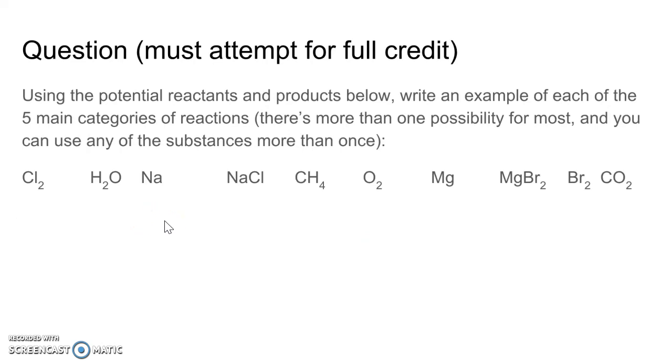Don't go back through and pick something that I showed as an example. We want you to try and do it using these. So you can go through and come up with at least one equation for each of these. You don't have to come up with more than one, but there's more than one possibility with the things that I provided here. And you can use any of these substances more than once when you're writing out your 5 different equations.